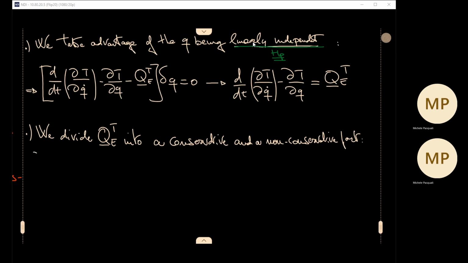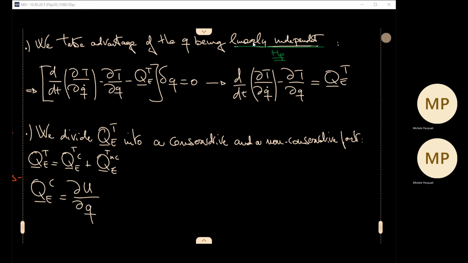Okay, so you have that QE is just QE C, this is the conservative part, plus QE NC, which is the non-conservative part, where QE C can be written as the partial derivative with respect to q, the transpose, in fact, of U, with U being the potential mechanical energy.